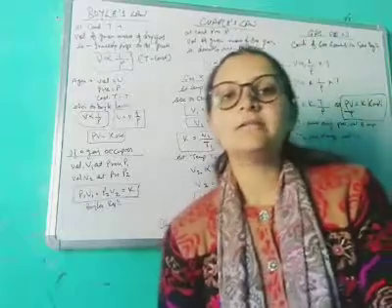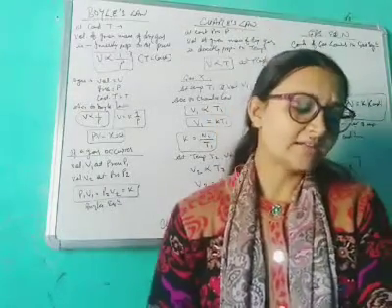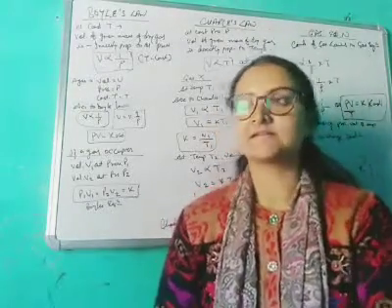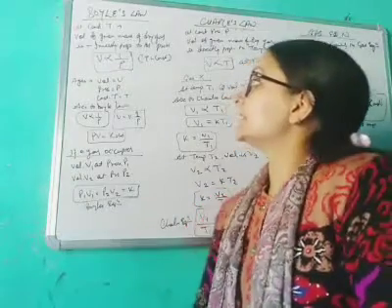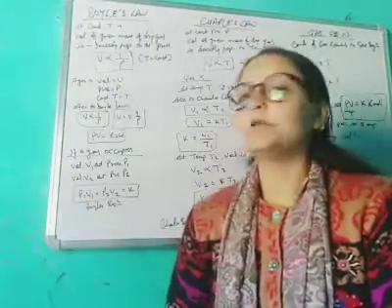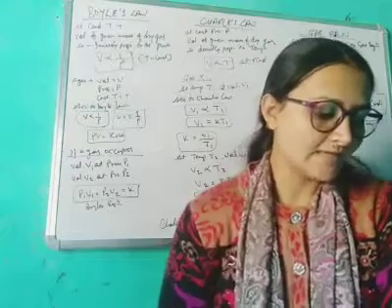Robert Boyle was a scientist. He studied the relation between the pressure of a gas and its volume. Okay, he gave the relation between volume and pressure of the gas.